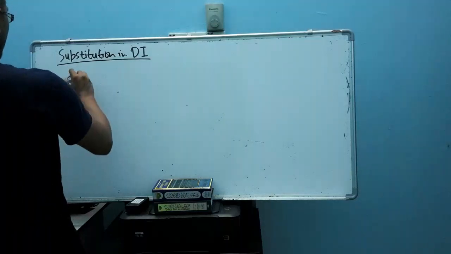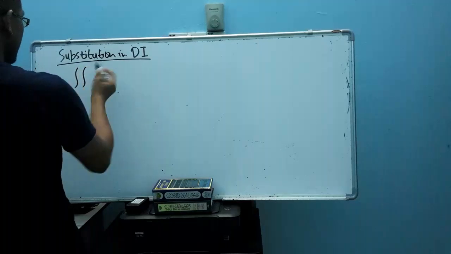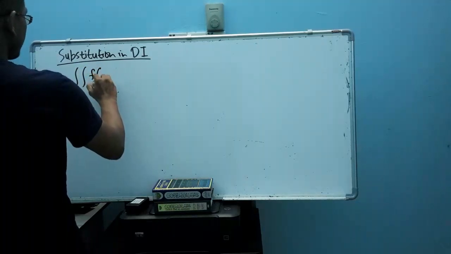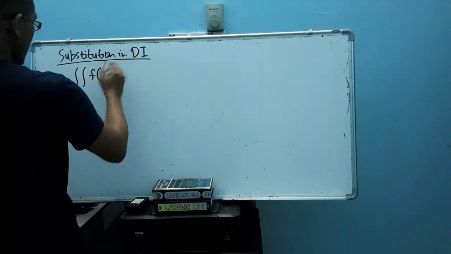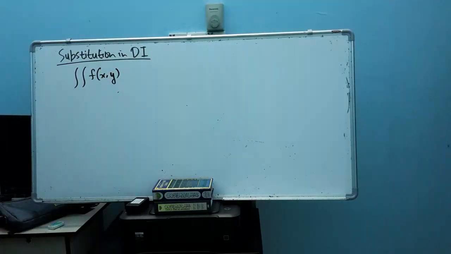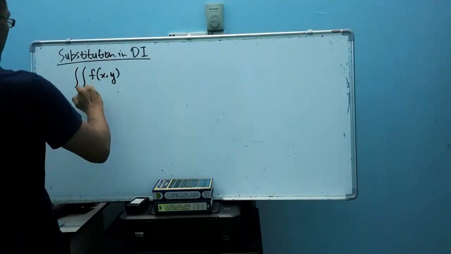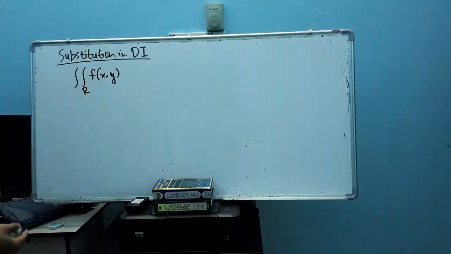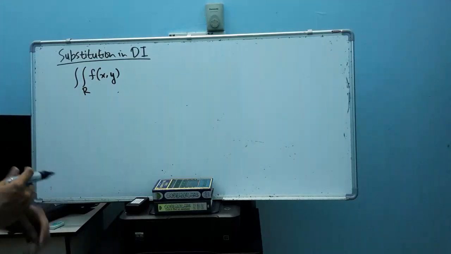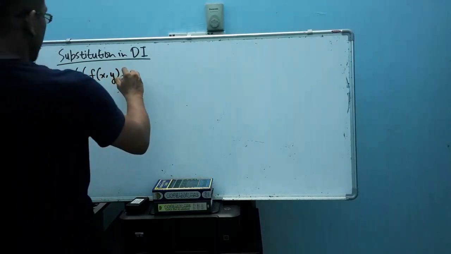definition. We already discussed the double integral previously, where we integrate a function, but now we have a function of two variables, f(x, y), and we integrate it over R, given that R is a closed region in the xy plane, and then we will have dA.